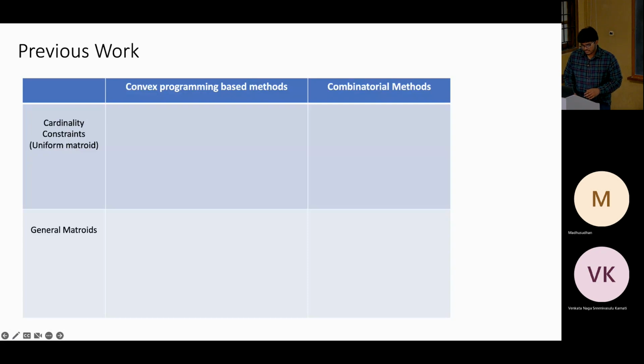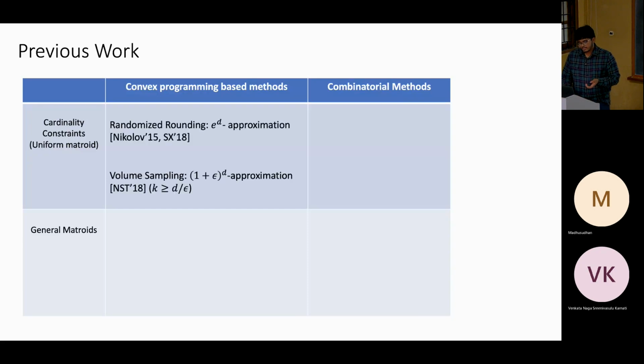So what's the previous work done on this? This problem is easier when the matroid is uniform. Uniform matroid is when you just have a cardinality constraint, right? The same Nicola's work gives e to the d approximation, and there are volume sampling methods that give very good approximation. You see that these approximations are exponential.